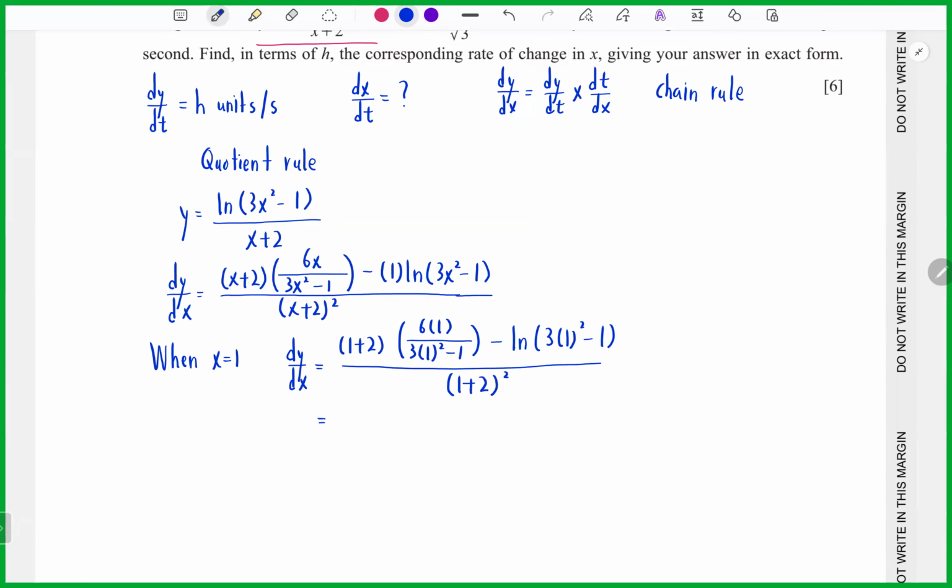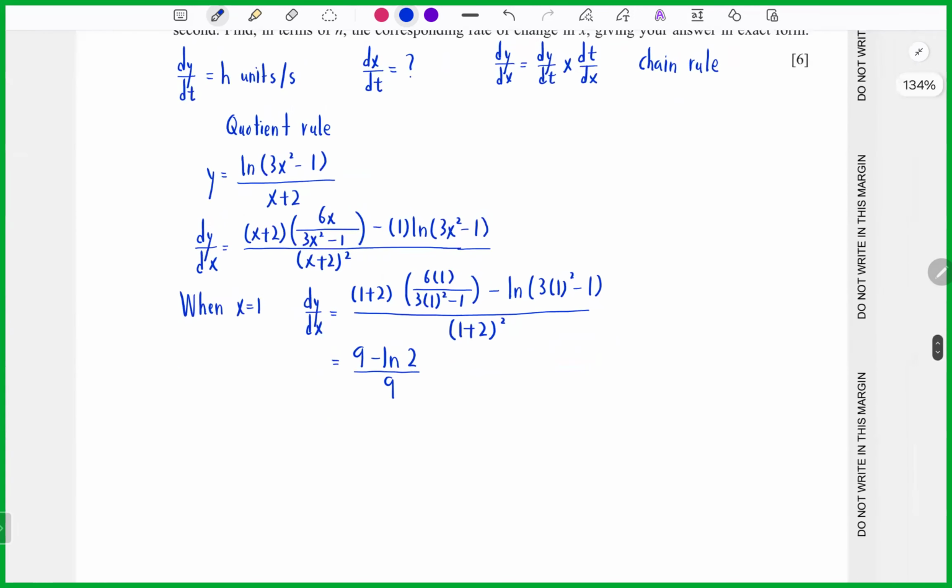So let's try. You can use your calculator to find the value. Please make sure you write your answer in exact value. So you can write here (9 minus ln 2) over 9.